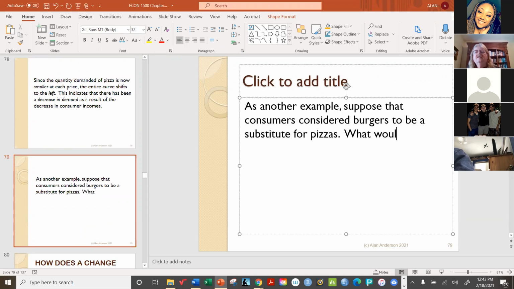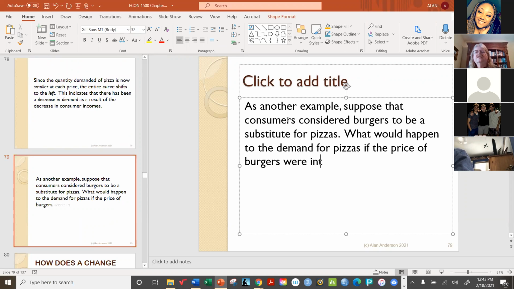What would happen to the demand for pizzas if the price of burgers were to increase? Okay, so these are substitute goods. The burgers just got more expensive.